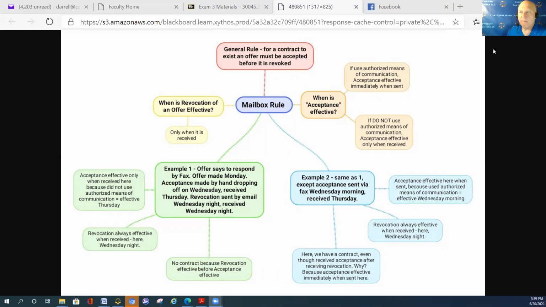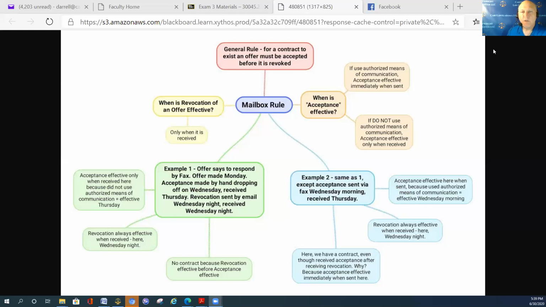And the mailbox rule generally reflects the timing of an acceptance and the timing of a revocation and when those are effective. That's going to be very important for real life law, as well as for your exam and some hypotheticals that you may see on your next test.